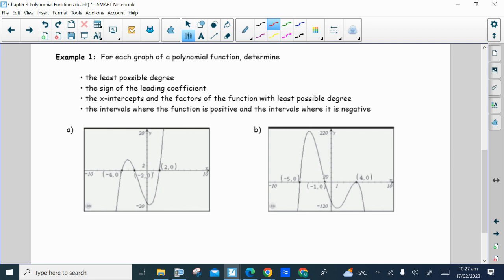And so in that case, it would only cross the graph in one spot. So you cannot always go by the number of x-intercepts, but we also said before, remember, the number of direction changes is always one less than the degree.